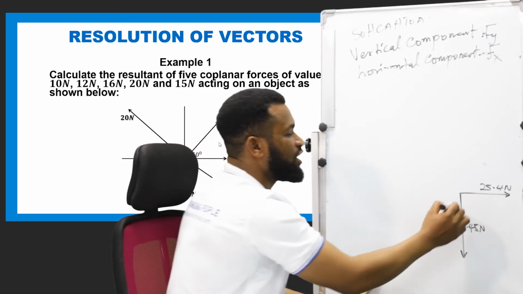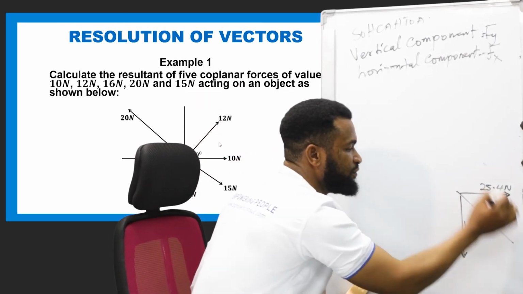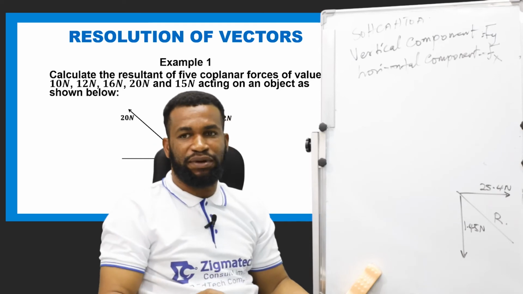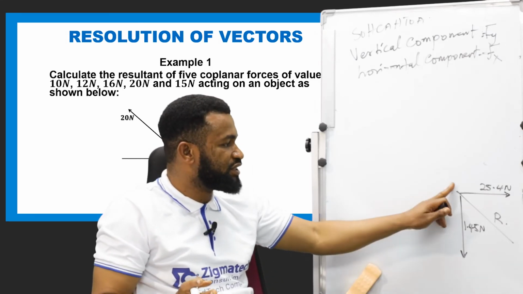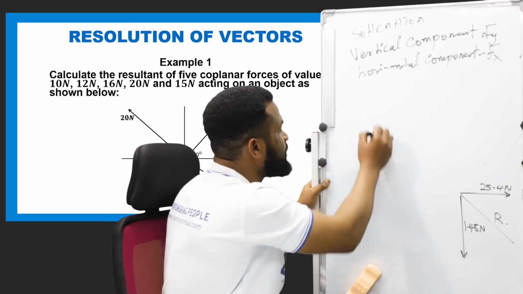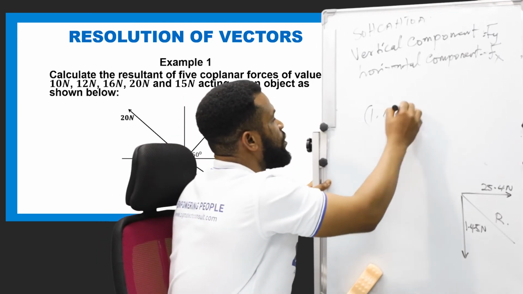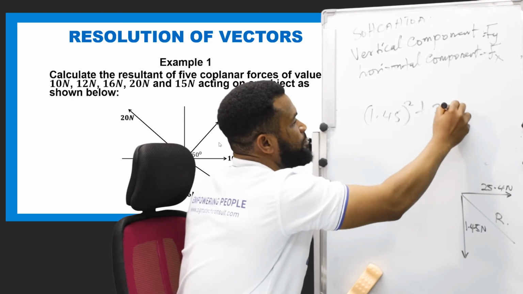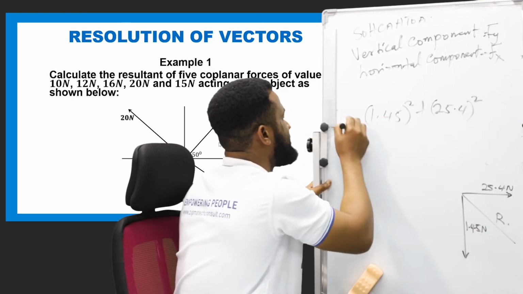In order to find the resultant vector, I'm going to apply the Pythagoras theorem, because at this point they are applied at an angle of 90 degrees to each other. So I'm going to say 1.45 all squared plus 25.4 all squared.